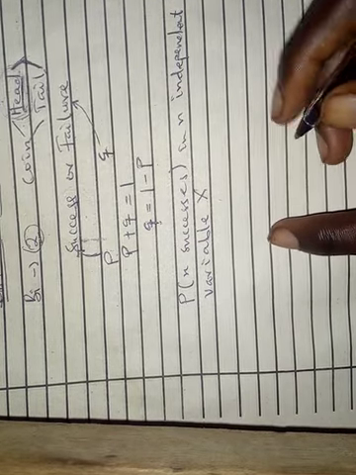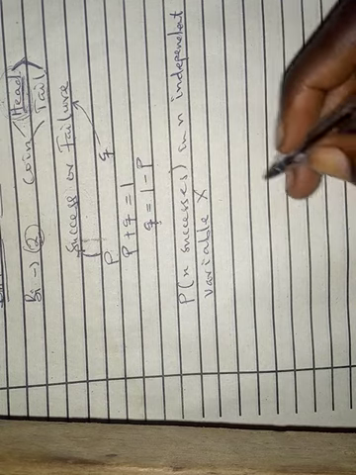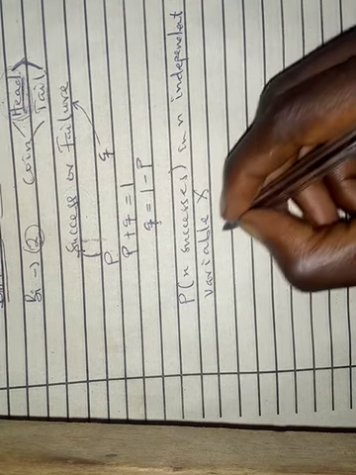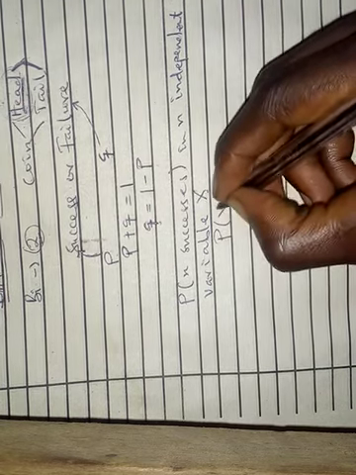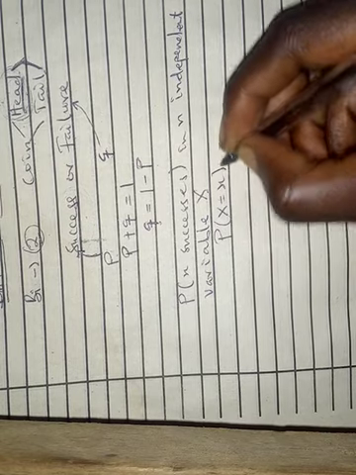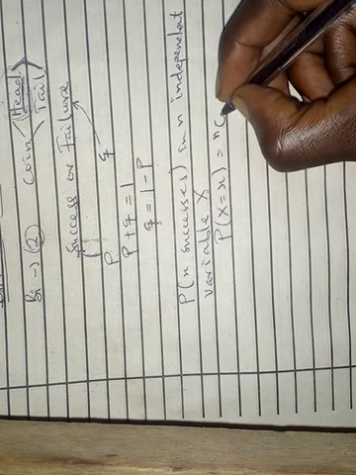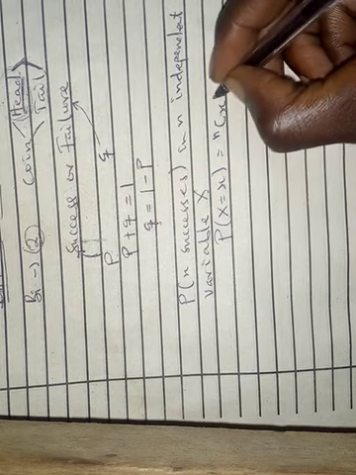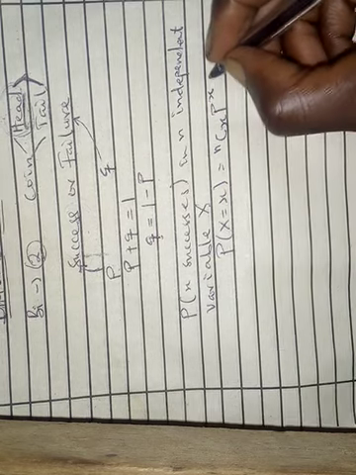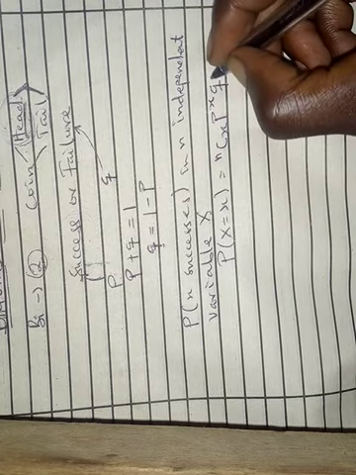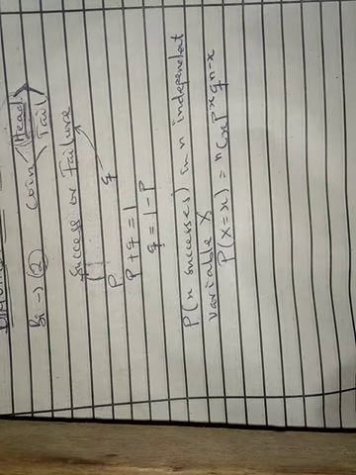The probability function of the discrete variable X is defined as P of X equals n combination of x times P to the power x, times Q to the power n minus x.